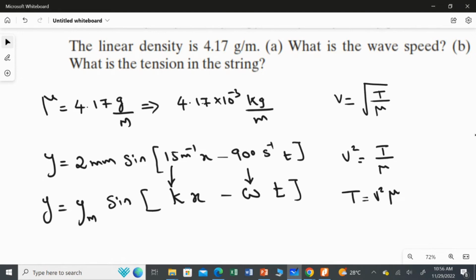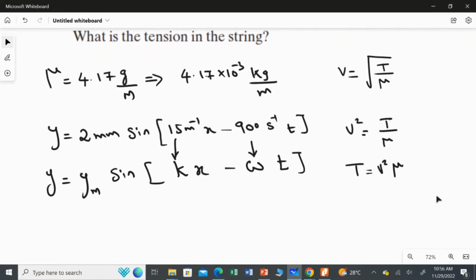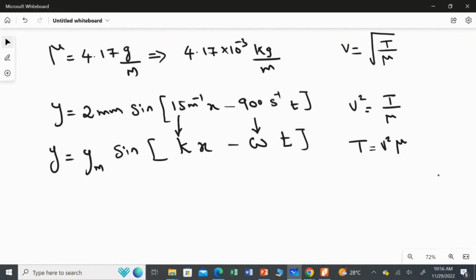Now I can solve the first question very easily, because in the theory we studied the relation between the speed, the angular frequency and the angular wave number: the speed is the angular frequency divided by the angular wave number. With k equal to 15 and omega equal to 900, we can easily find the answer for the first question.